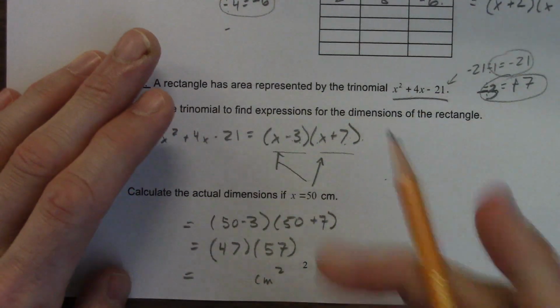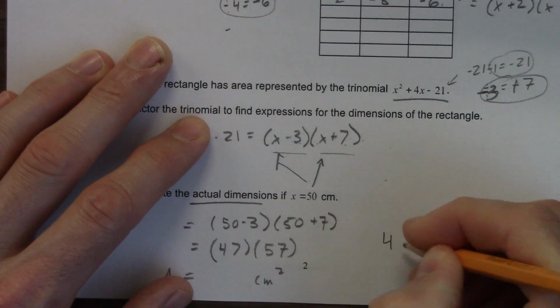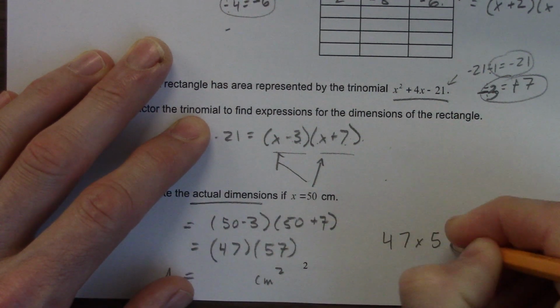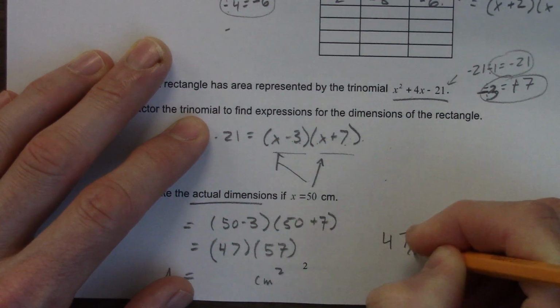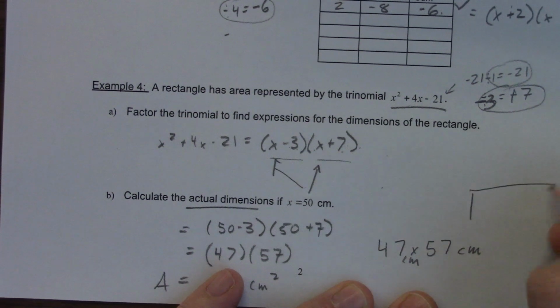Oh, that would be the area, but it says actual dimensions, so they would just be 47 by 57 centimeters. Those are the dimensions of the rectangle, right? This is your rectangle.